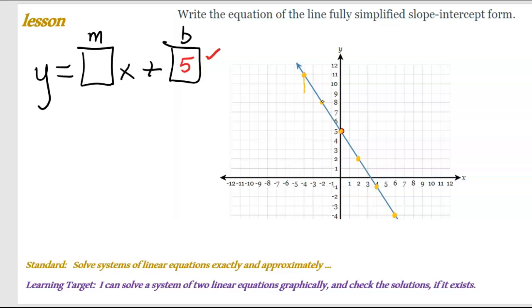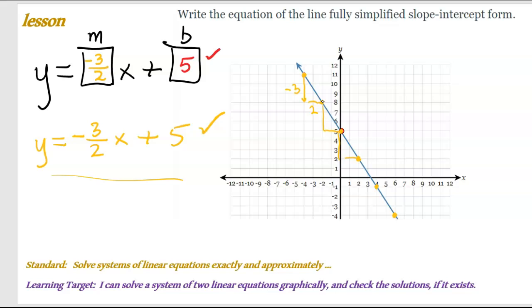Watch this. Down 3 over 2. Down 3 over 2. So the slope is down 3 over 2. So write the equation. The equation is y equals negative 3 over 2 x plus 5. Okay? Start with the y-intercept. Find the slope. Build the equation.